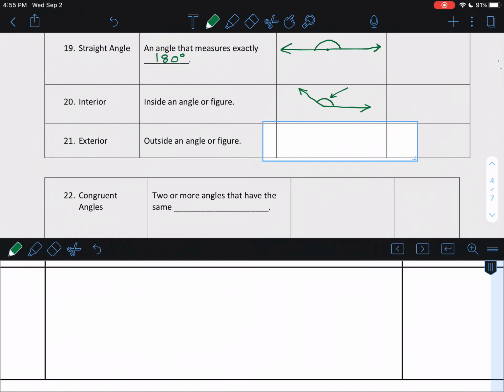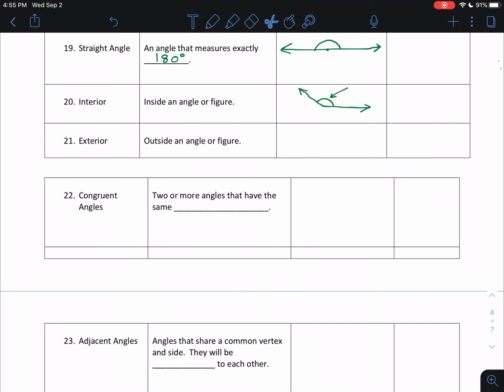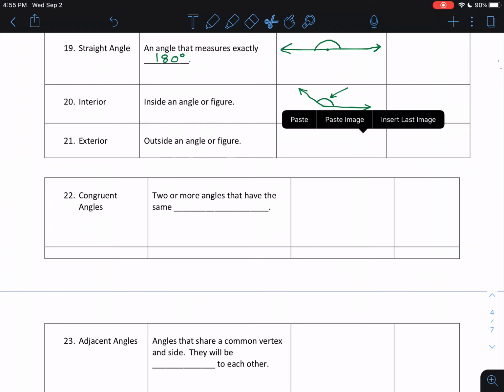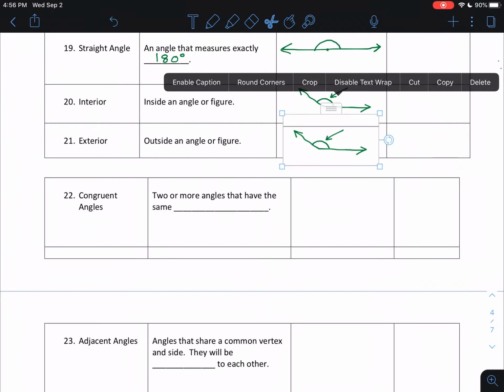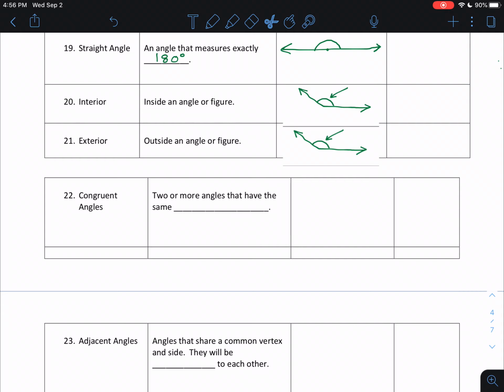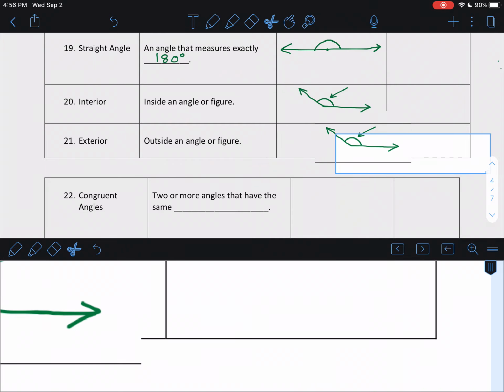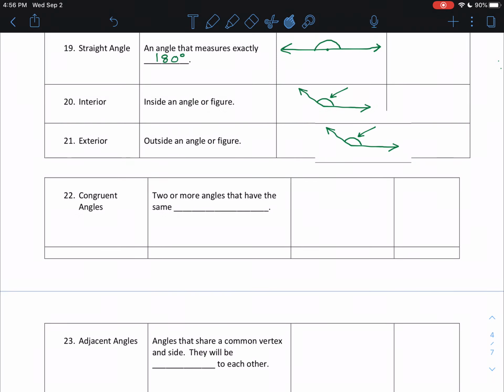So I'm just going to copy this, paste it. Ooh, wait. Goodness. Let me just undo this. Sorry, I did not know it would do that.